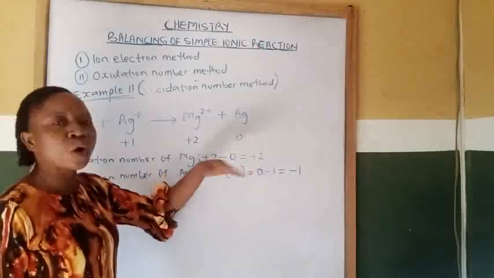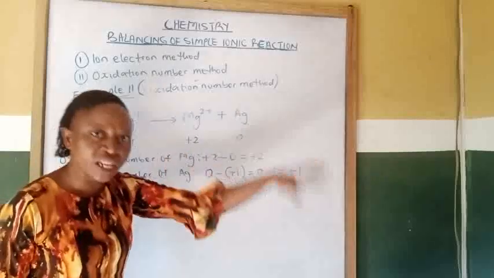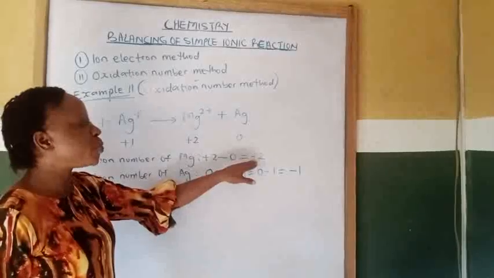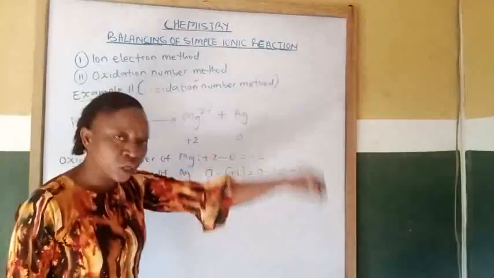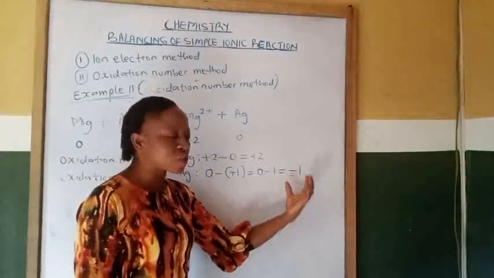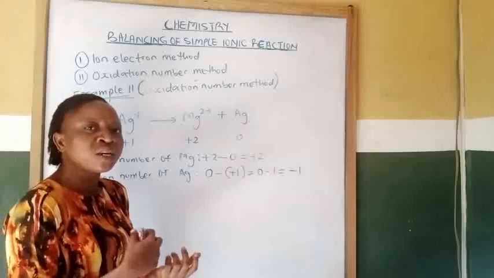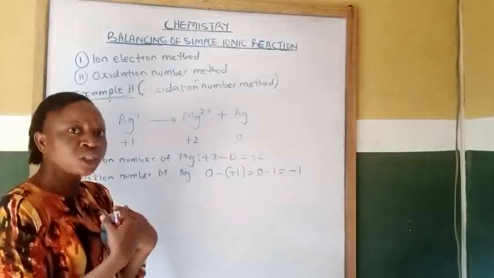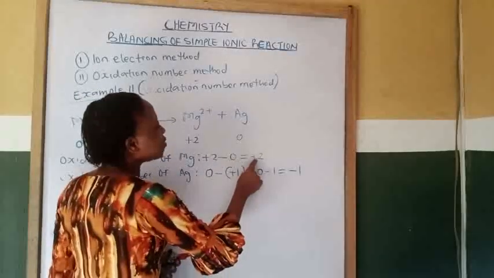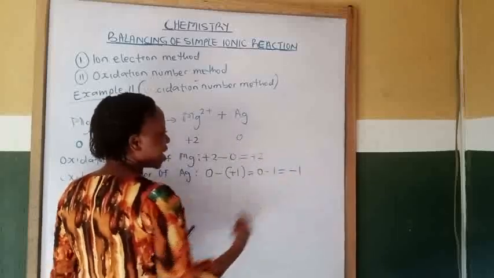Don't forget that those with positive ion, they give out electron, which leads to loss of electron. While those with negative ions, they accept electron towards themselves, which leads to gaining of electron. Now therefore, this one is a positive ion, it is a giver, so it will give out electron to this negative ion.